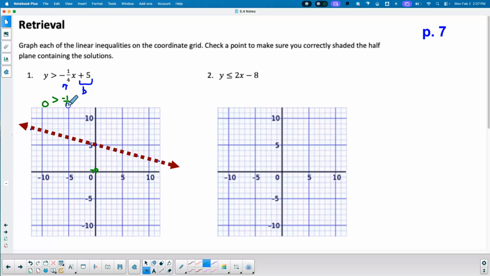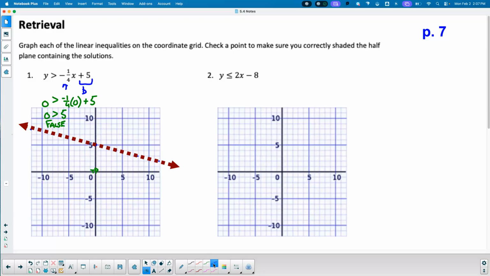Negative 1/4 times 0 is 0. 0 plus 5 is 5. And that, ladies and gentlemen, is a false statement. So I wouldn't shade on the side of the test point. I would shade on the other side of the test point.